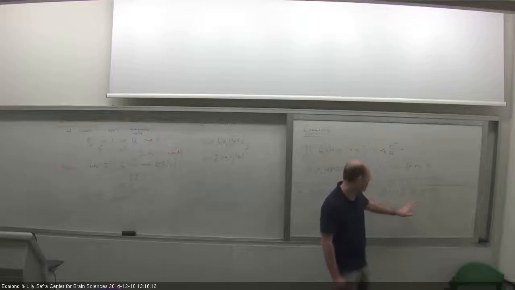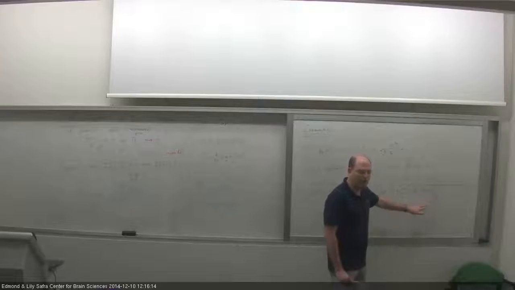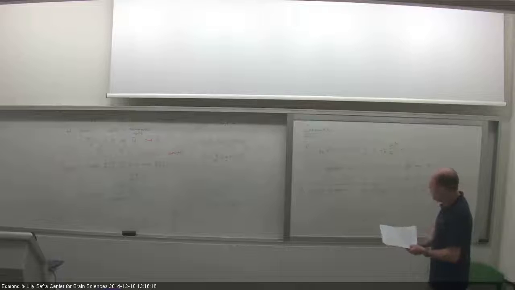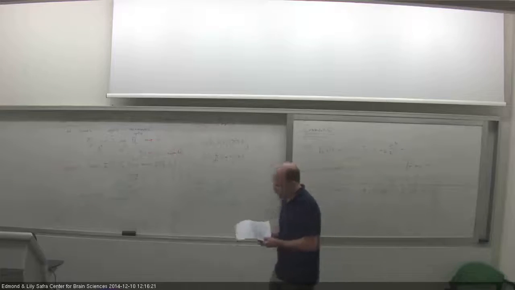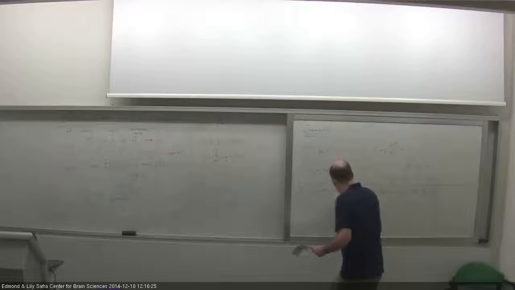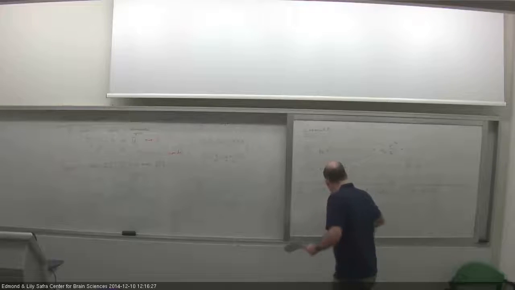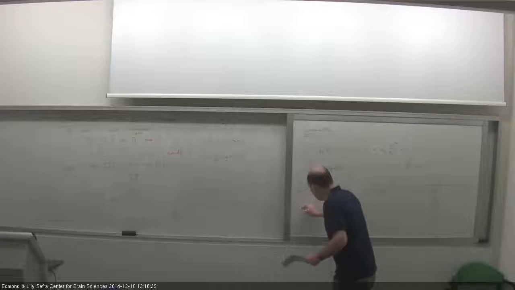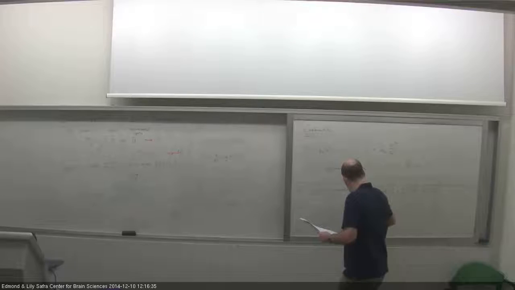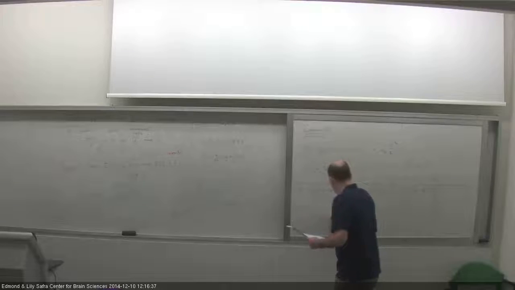And I will reinterpret this term by, first of all, asking myself, how does this function G prime of U look like? So it turns out that for the logistic case, the function G prime of U as a function of U looks like this.